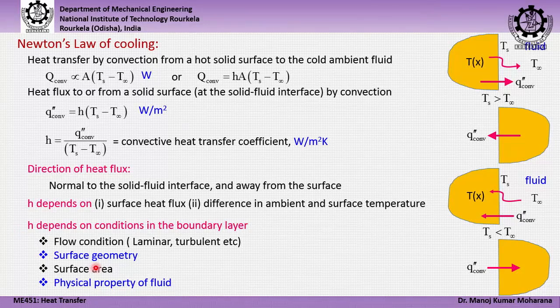Then h will also depend on the surface geometry, the total surface area and the thermophysical property of the fluid. So, all these four together will decide the value of heat transfer coefficient h for a particular engineering problem. The typical convective heat transfer coefficient values I have listed here.